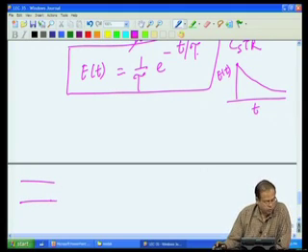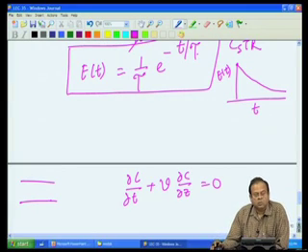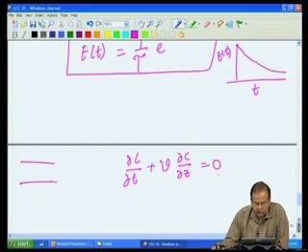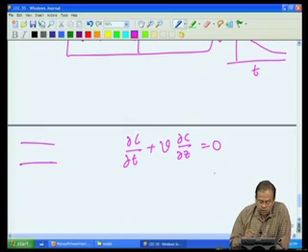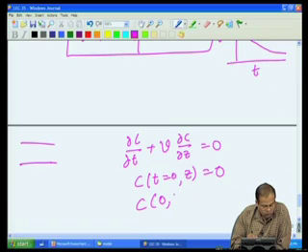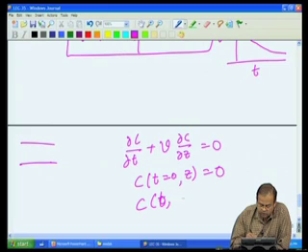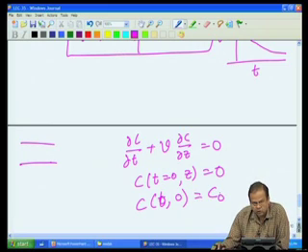The appropriate way to do this is to write the transient mass balance equation, with accumulation and transport term, with C of t equal to 0 at all z's is 0, and at any time t and z equal to 0 is some value C naught.